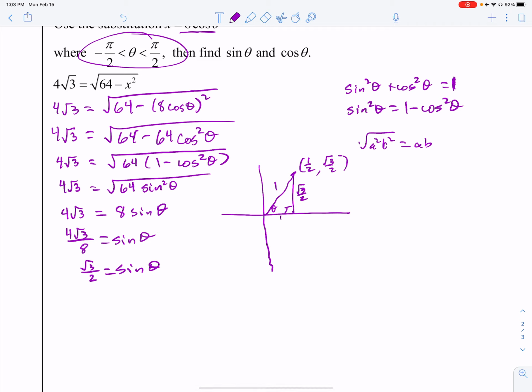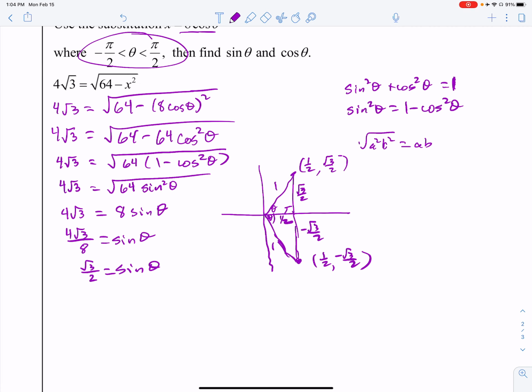The hypotenuse is 1. But if theta happens to be between negative pi halves and 0, then it would be a negative root 3 over 2. But this point would still be to the right 1/2, but down root 3 over 2. And the hypotenuse would be 1.